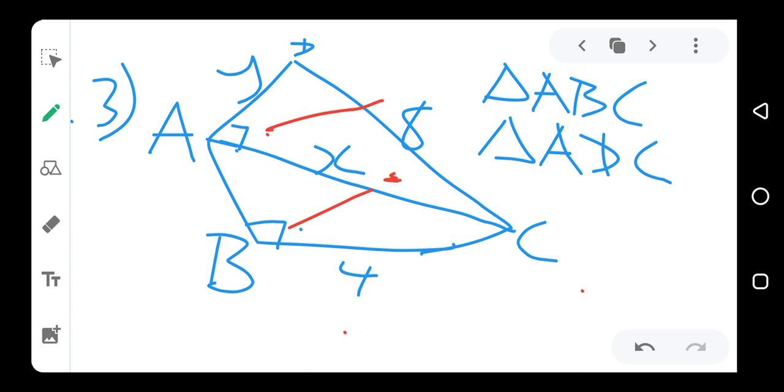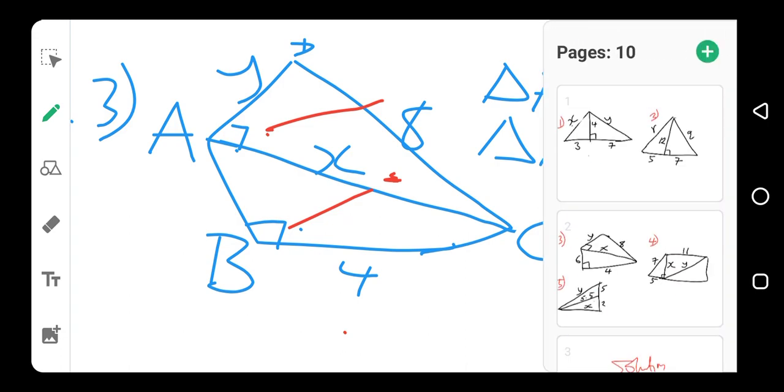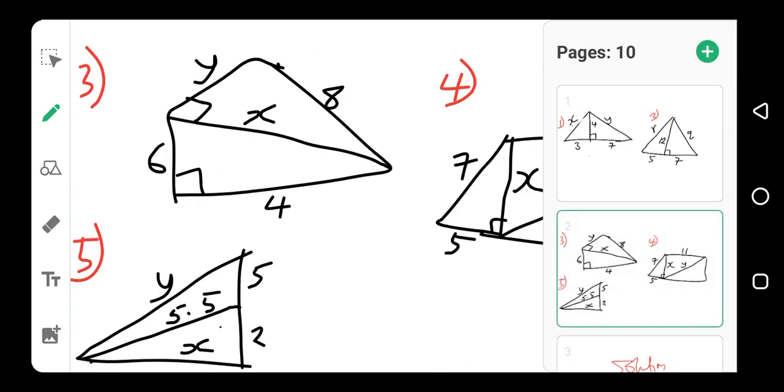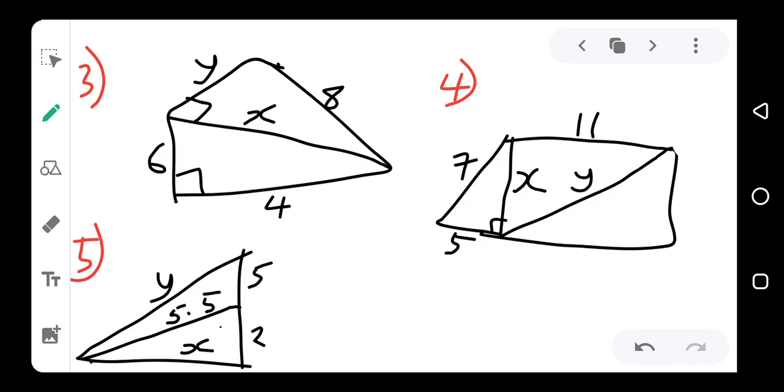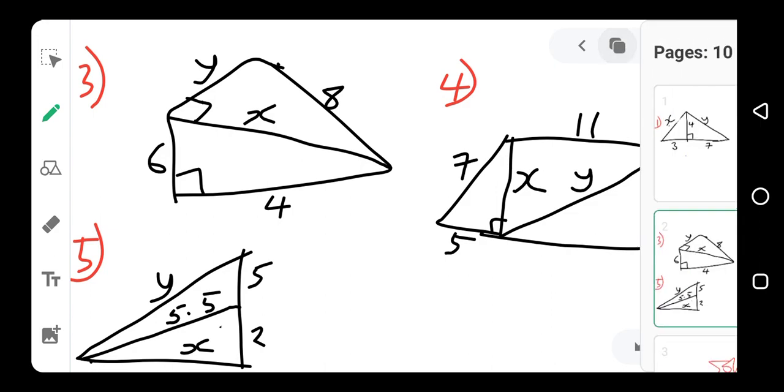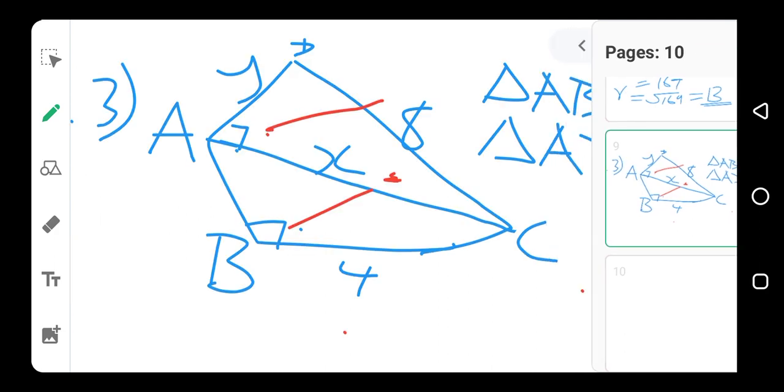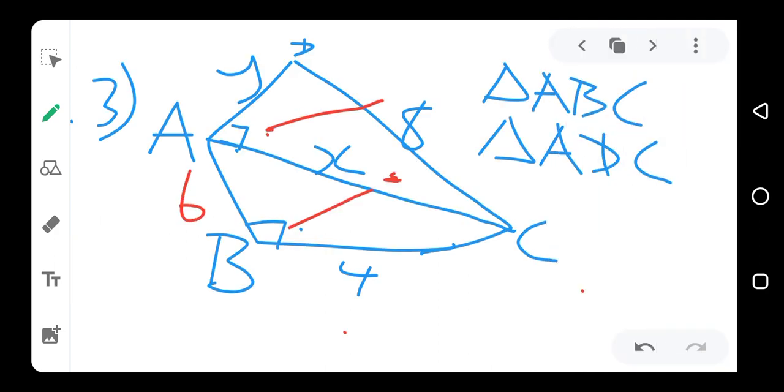I think there's something I missed in the labeling. Okay, we have 6 here. Now for triangle ABC, we know line AB as 6 and line BC as 4, so we can start with it.